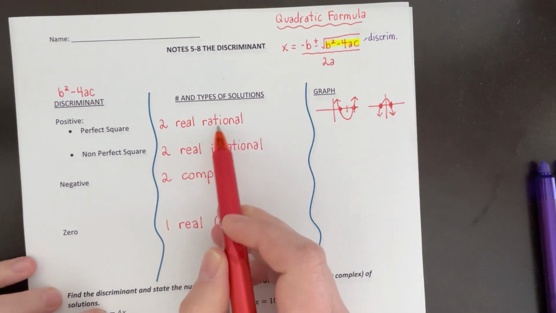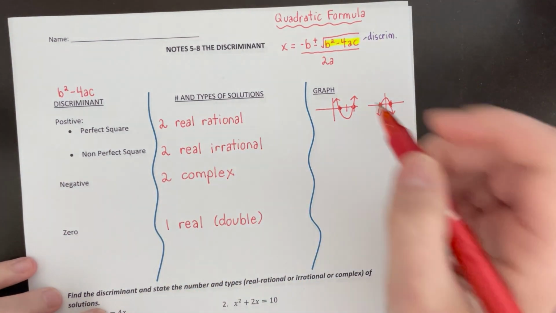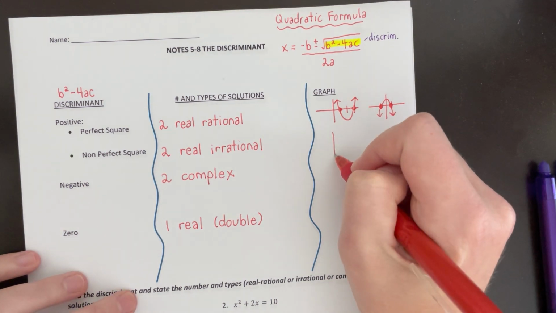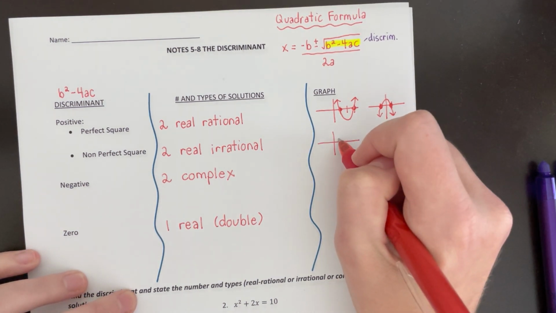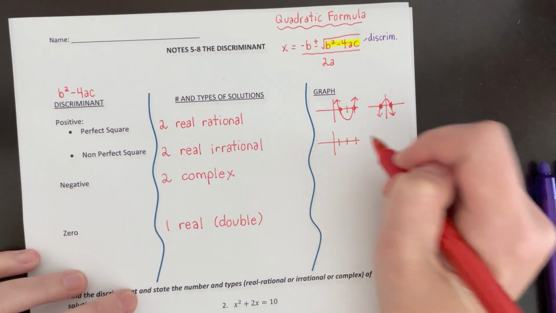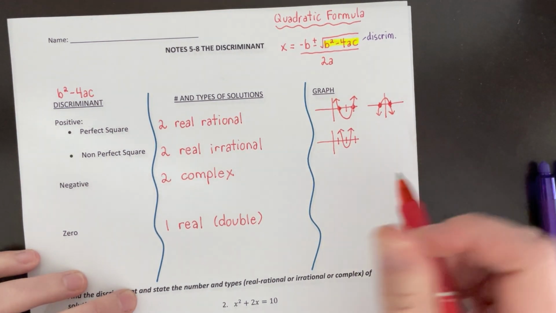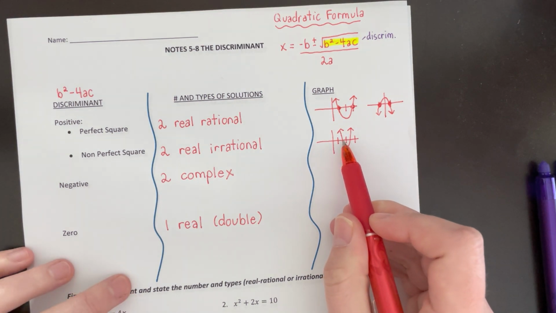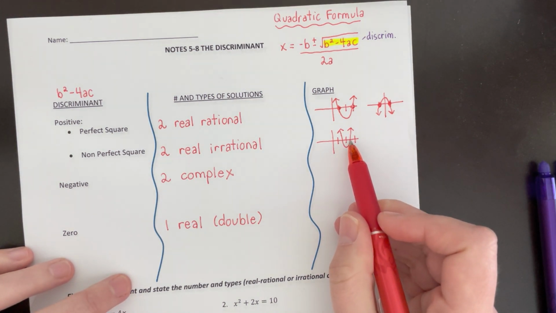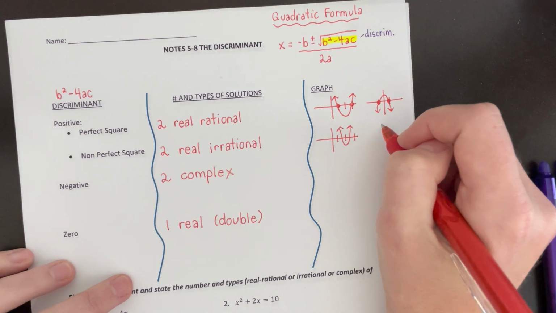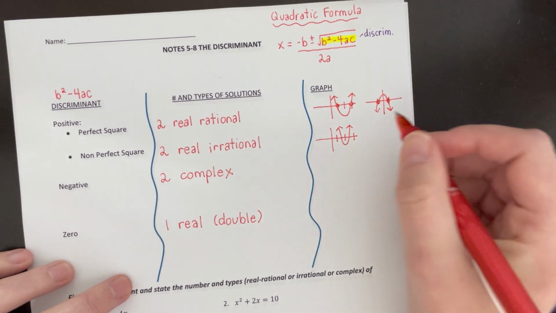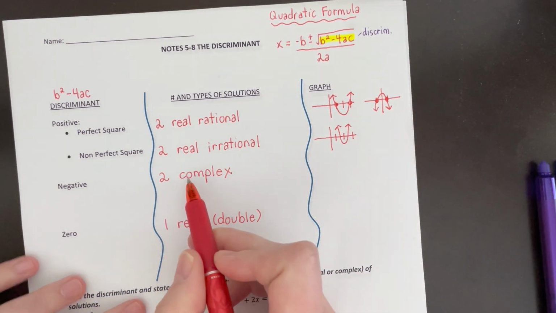That would be your two rational solutions. Our two irrational solutions would be something like, here are your integer values, and then it crosses through here and here, and they're not fractional, like that's not 1 1/2. It's not a pretty value, okay? It's a crazy, weird value. So something like that, or it could even look upside down.